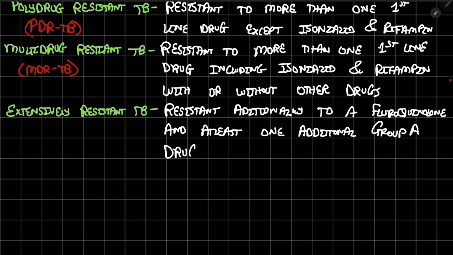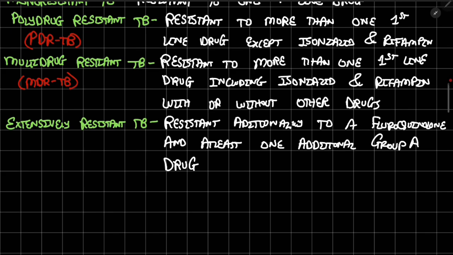Group A drugs are linezolid, levofloxacin, moxifloxacin and bedaquiline. So extensively resistant TB is resistant additionally to a fluoroquinolone and at least one additional group A drug, and we write it as XDR-TB.